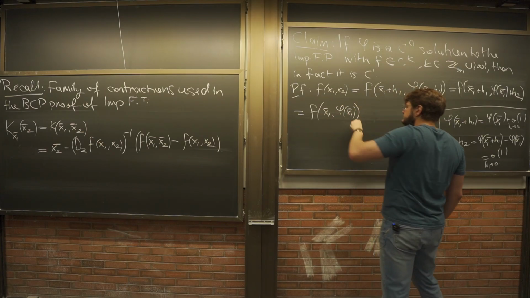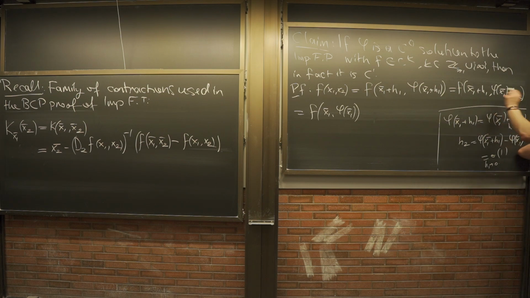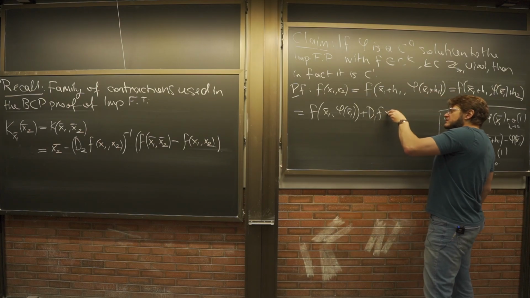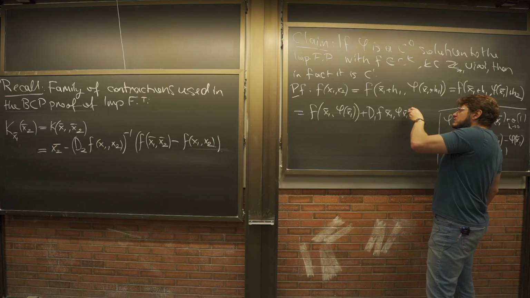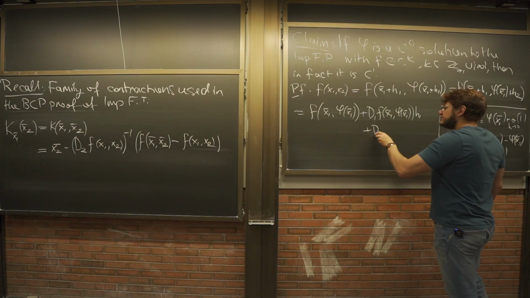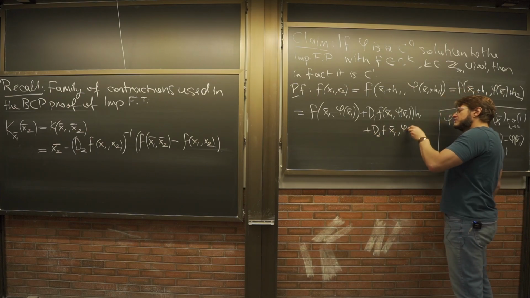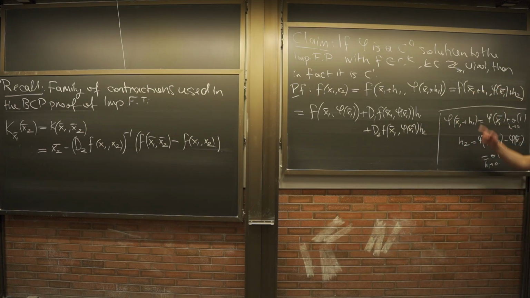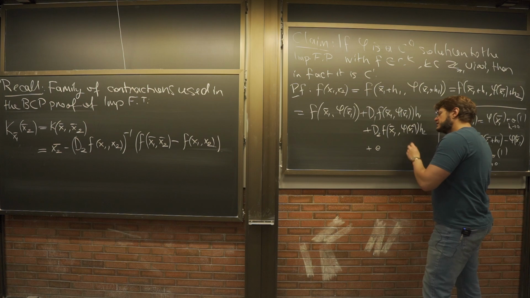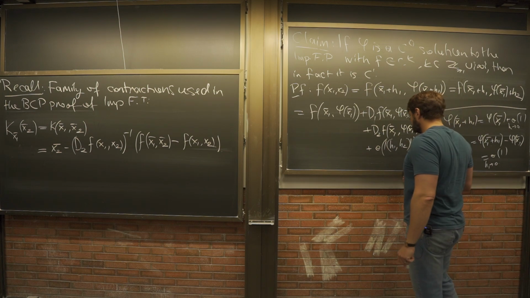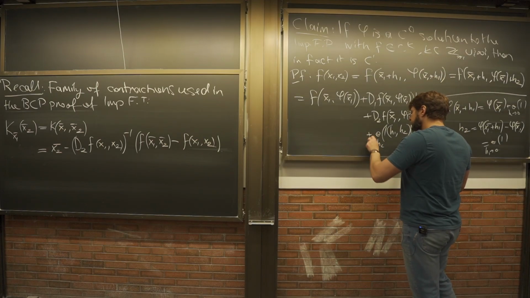So it's this, plus the first derivative applied to h1, h2, but I can write it in terms of its components, and I can write it like so. d1f at x1 bar, phi of x1 bar applied to h1, plus d2f at x1 bar, phi of x1 bar applied to h2, plus higher order terms in h1, h2. Little o of h1, h2, like so, as h1, h2 goes to 0.